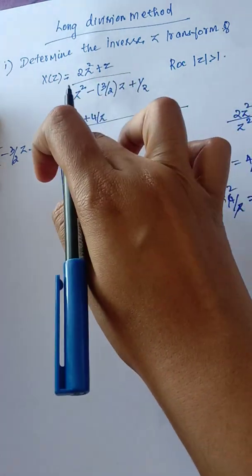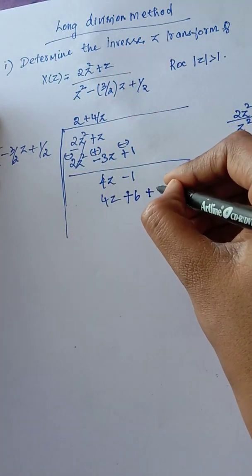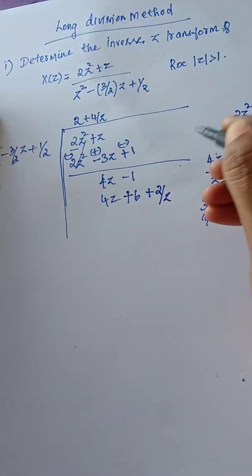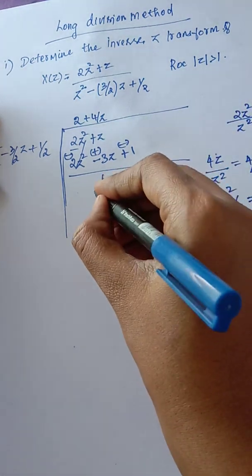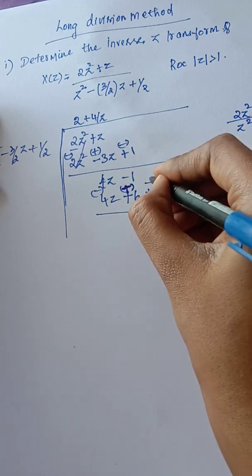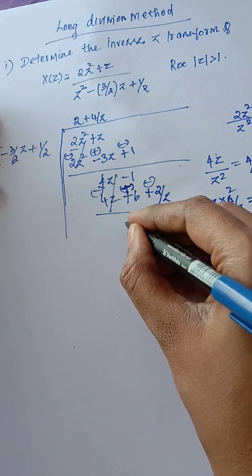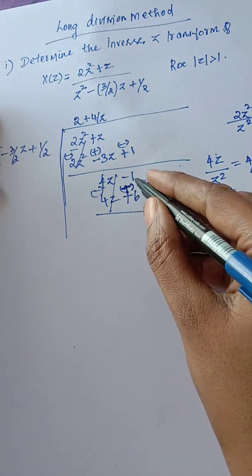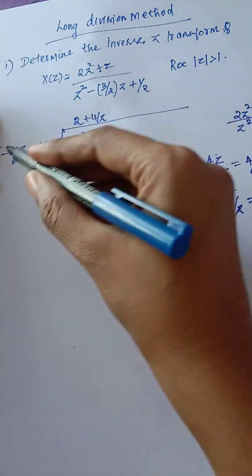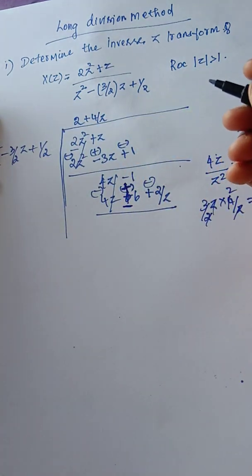Next, you need to multiply with this, so here plus 2 by z. So this is the sequence. Now change the sign. Here it is minus, so this will get cancelled. Sorry, when you multiply, there is already a minus, so now when you change the sign you will get plus.